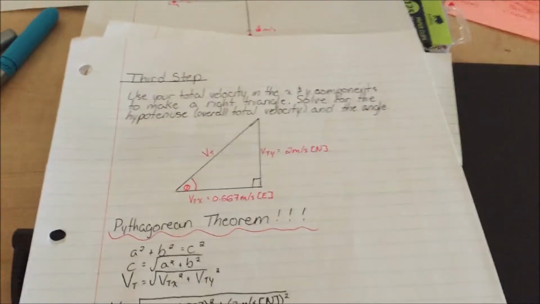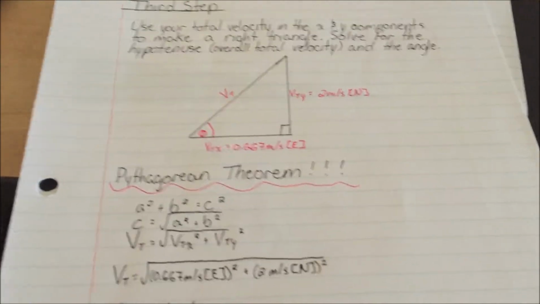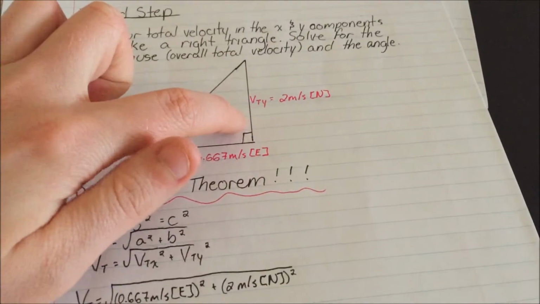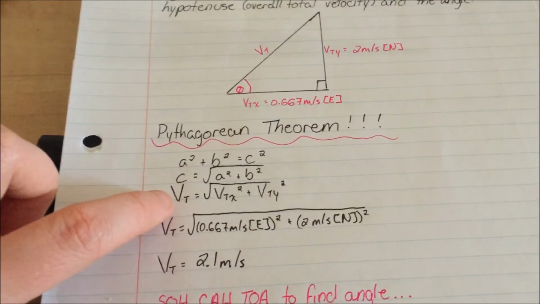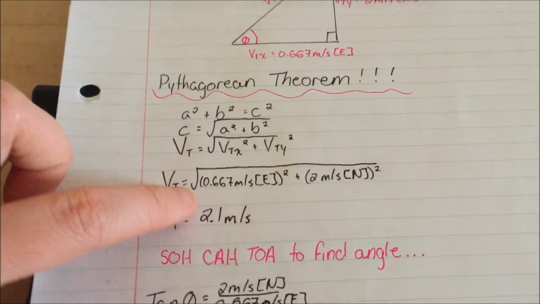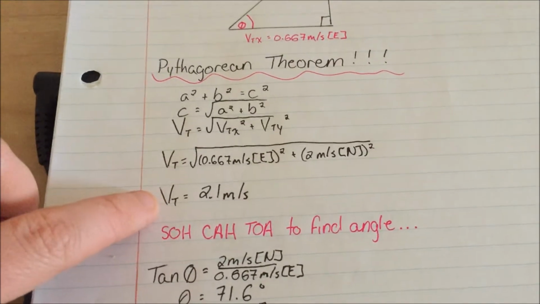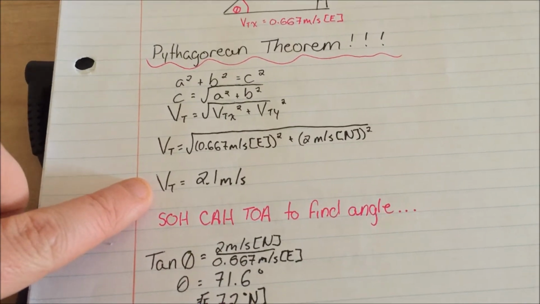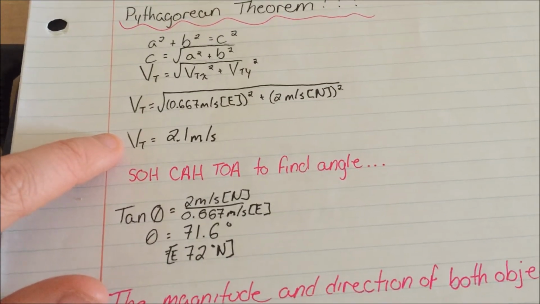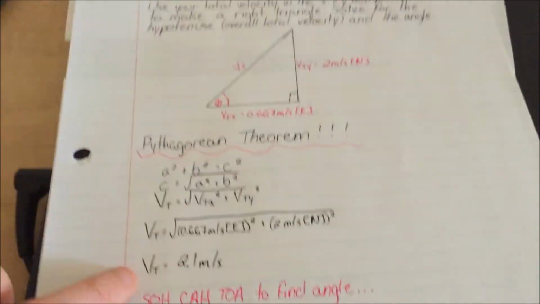So, in order to do that, you need to use Pythagorean theorem. So you have your x and your y, so you need to square both of them and then square root your answer. So your overall total velocity is 2.1 meters per second. You need to use SOHCAHTOA to find your angle.